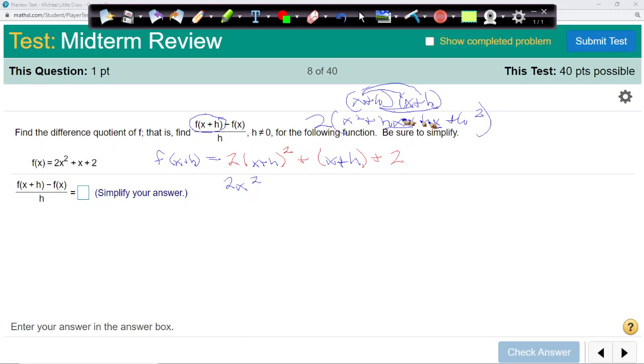This is hx and hx, so there's 2hx times 2, so that's going to be plus 4hx, and then plus 2h squared. So that's just that first term here. Next term, there's nothing to distribute, so take off the parentheses, plus x plus h. No like terms with that, and then plus 2.